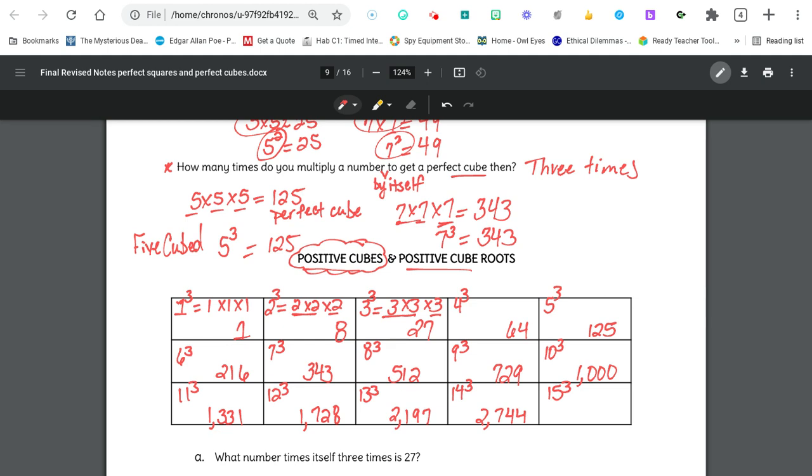And 15 cubed produces the perfect cube, 3375.